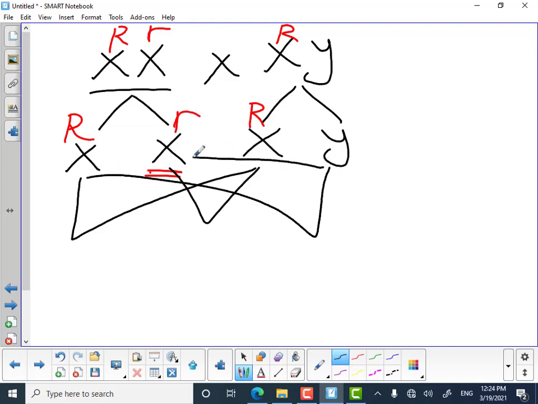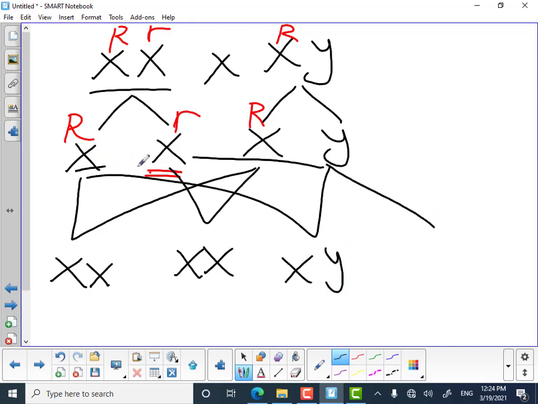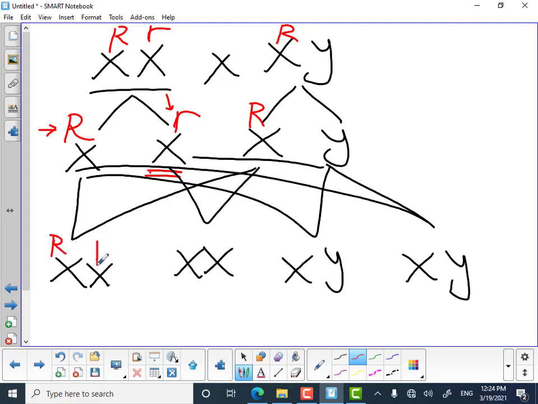What will the properties that appear be? X, X, X, X, X, Y, and the last one is also X, Y. Look, on these gametes we will put the sex-linked chromosome now. Here, this gamete carries R capital, due to mating R capital from the male and R capital from the female. The next one, R capital from the male and R small from the female.